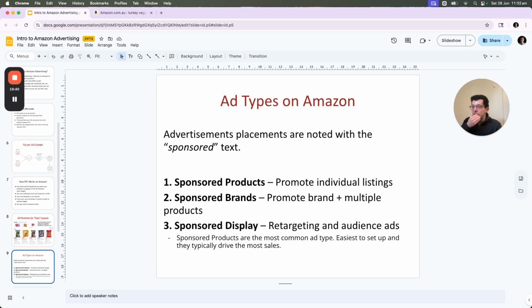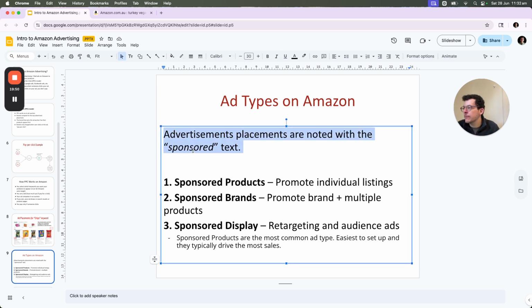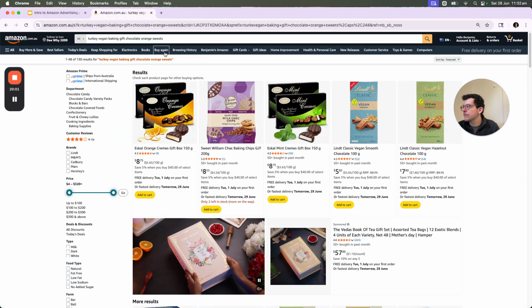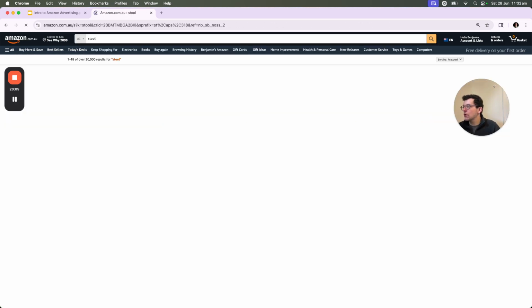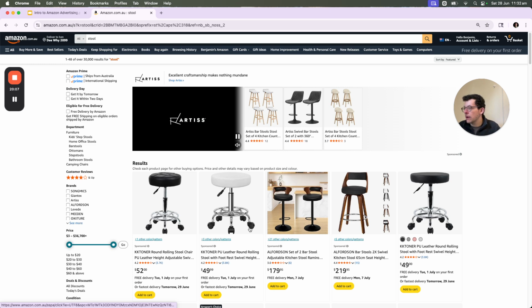So going into a bit more detail, the different types of advertisements that you can create on Amazon. As I mentioned, all of the advertised placements are given by that sponsored text, the sponsored annotation. But broadly speaking, there are 3 different types of ads that you can run. The first is called sponsored products, which I show you at the top here.